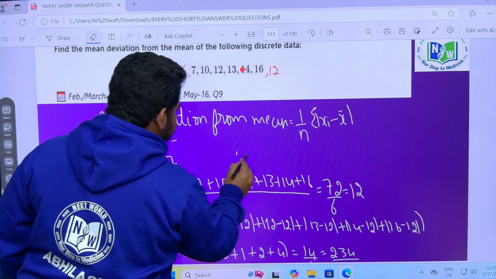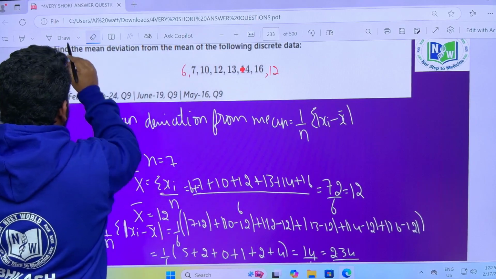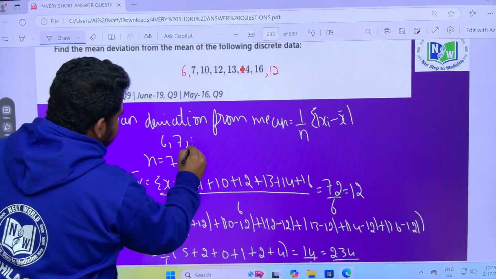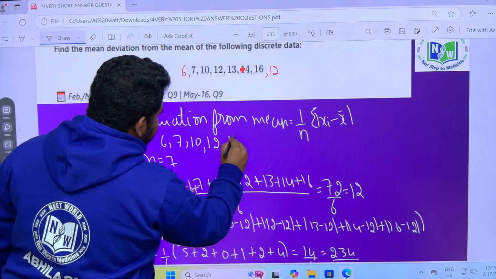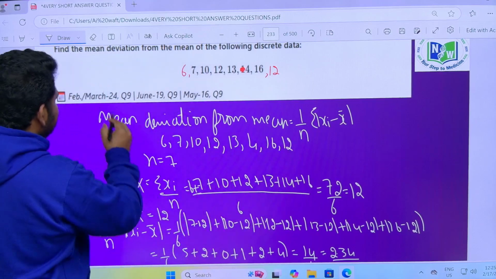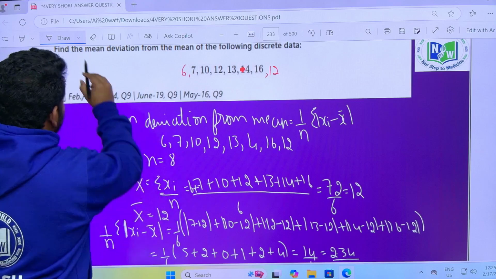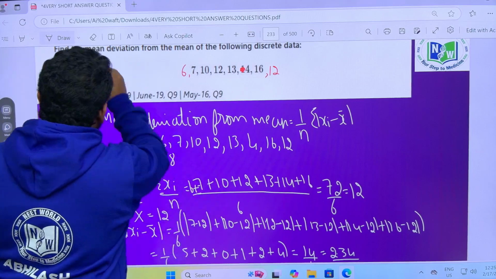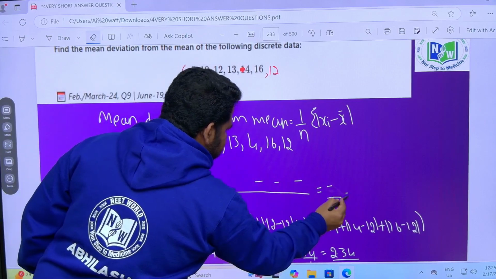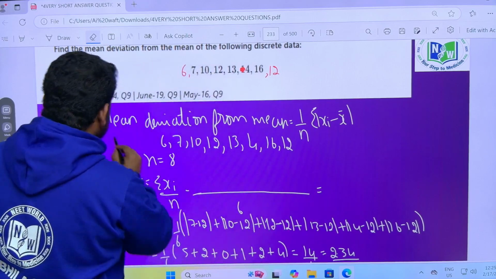There is a printing mistake, so the given numbers are 6 7 10 12 13 4 16 and 12. So your n value will be equal to 8, and this value will change completely because it is 8 observations.